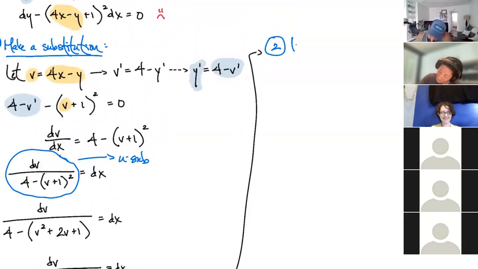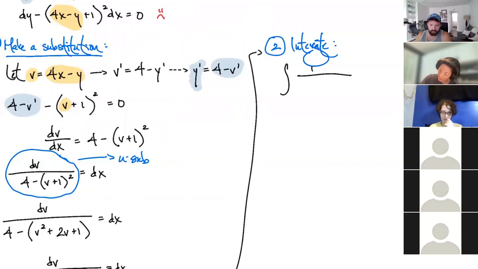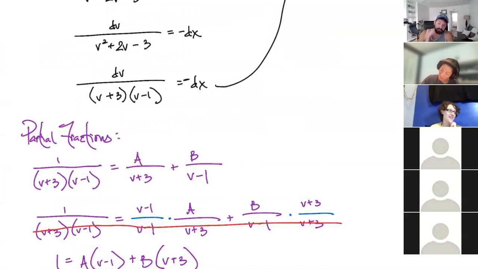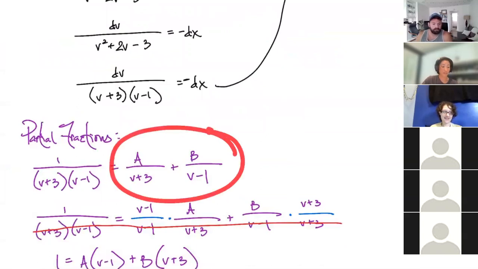But now that we've separated, we can integrate, okay? So instead of the integral of 1 over (v plus 3)(v minus 1) dv equals the integral of negative dx, I won't forget that negative this time, we can take the left-hand side and write it as A over v plus 3 plus B over v minus 1.